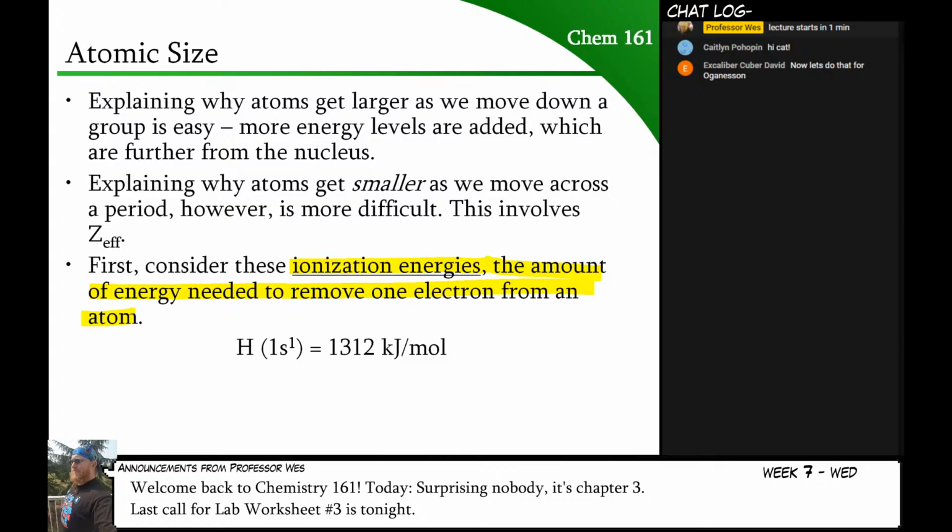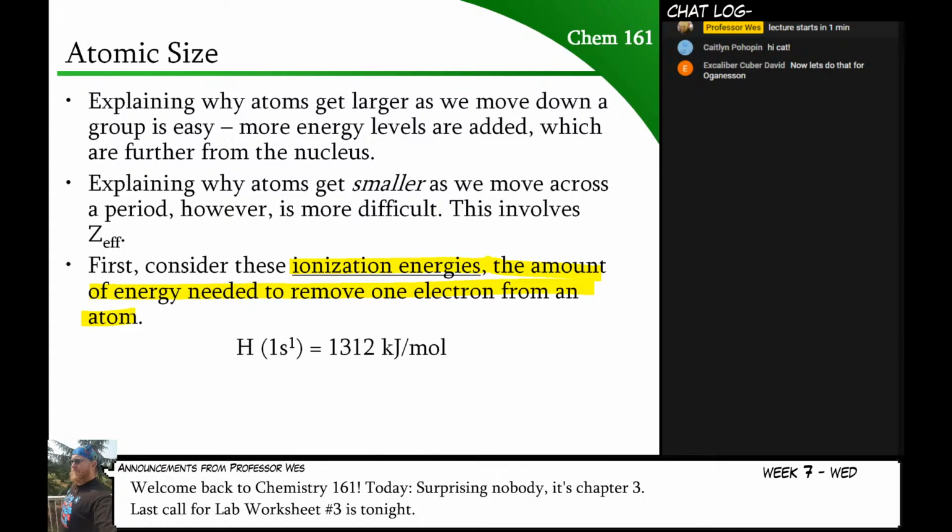For instance, here is the ionization energy for hydrogen. The attraction of the proton to the electron of hydrogen is 1.3 megajoules per mole. That's pretty powerful for a single proton.